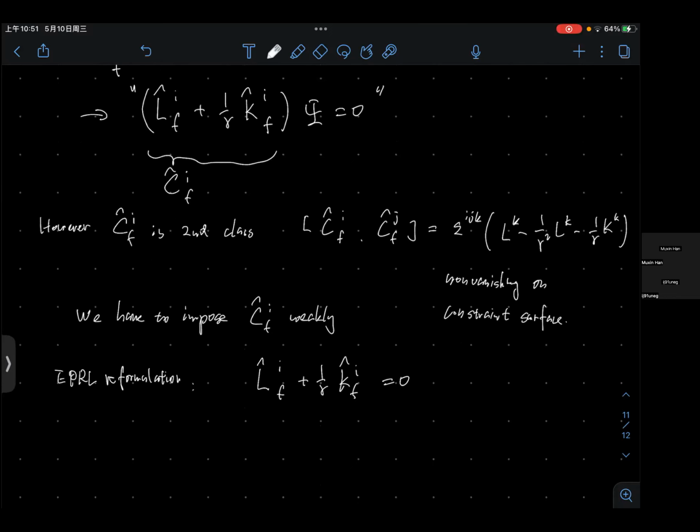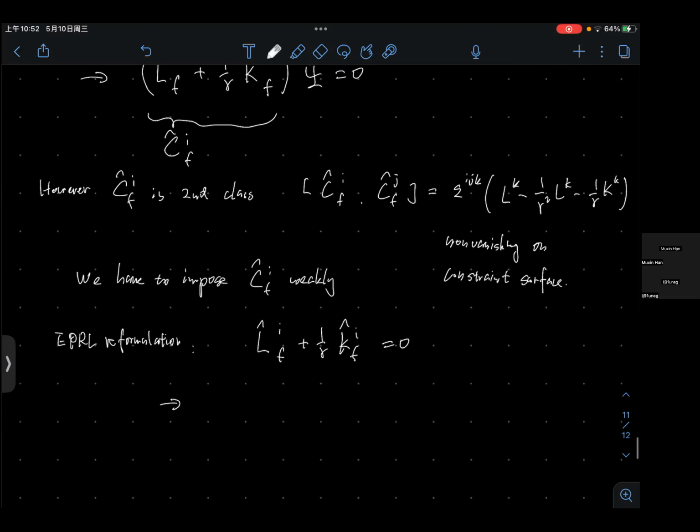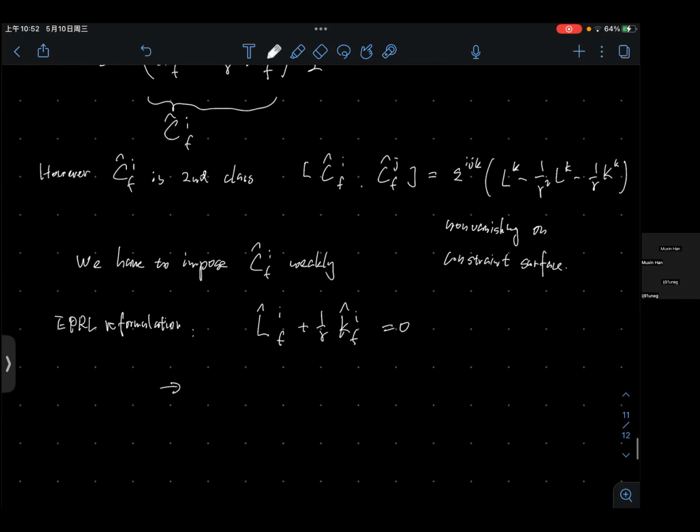And then we reformulate it into two kinds of constraints. So firstly, what was called the master constraint, just taking the square of this operator. Okay, this is the first constraint.